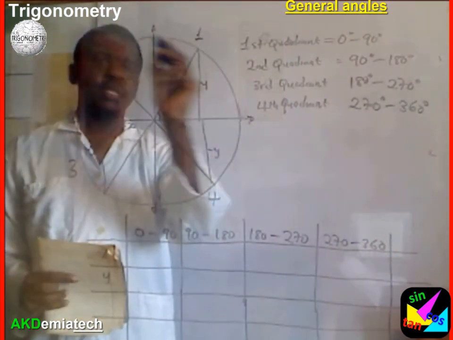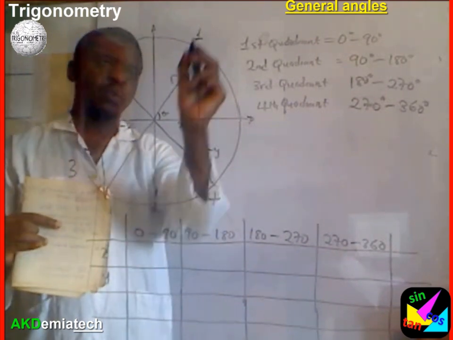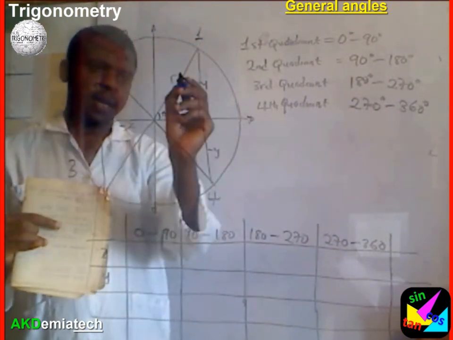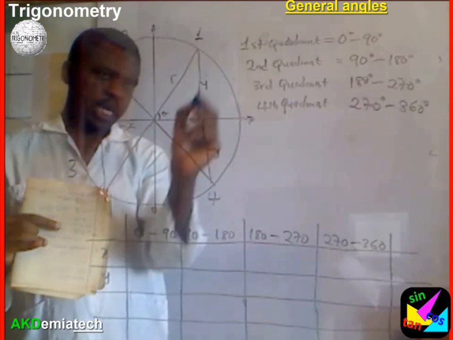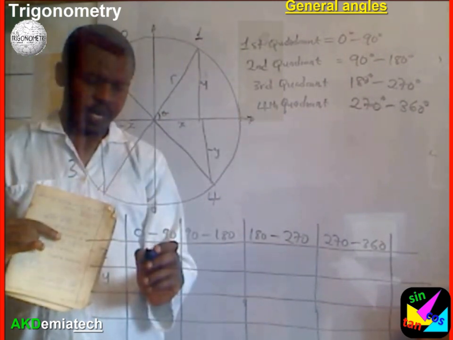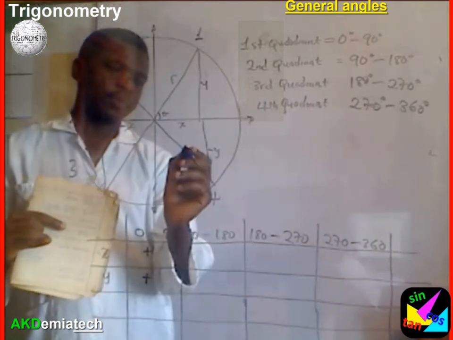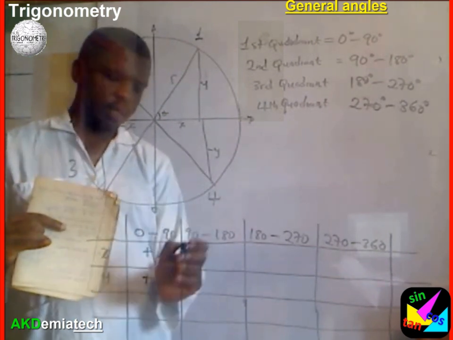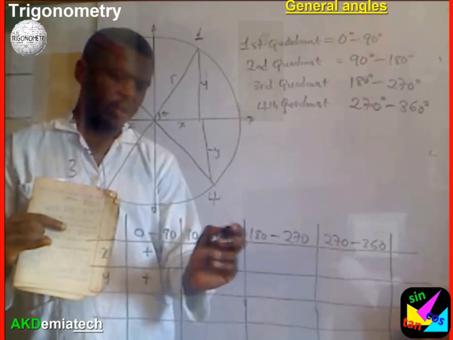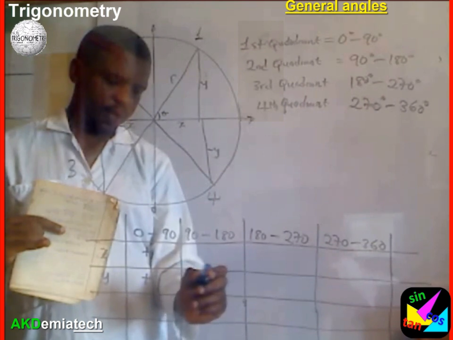Looking at our diagram here, we find that for the first quadrant, x is positive and y is positive. For the fourth quadrant, I have y is negative and x is positive.